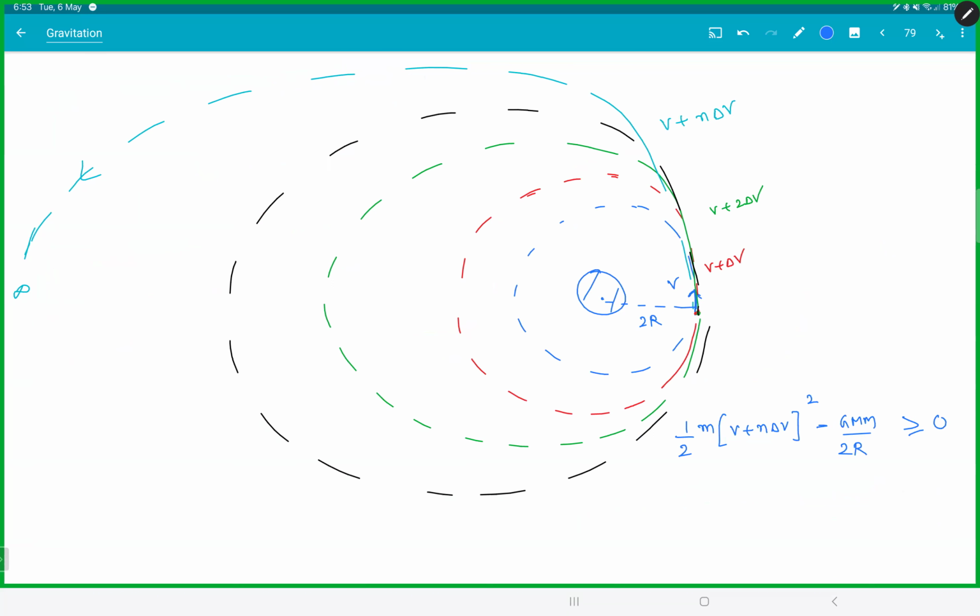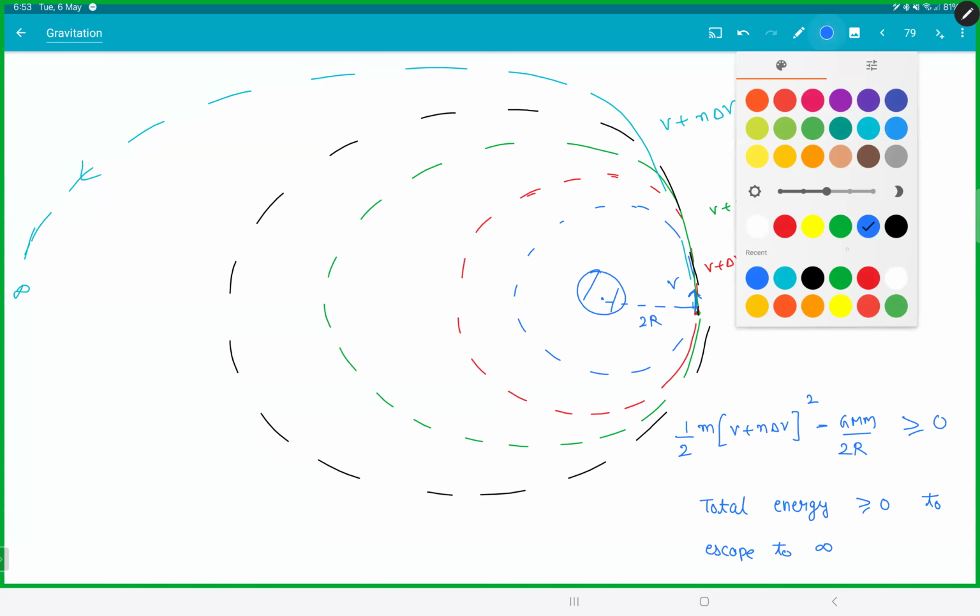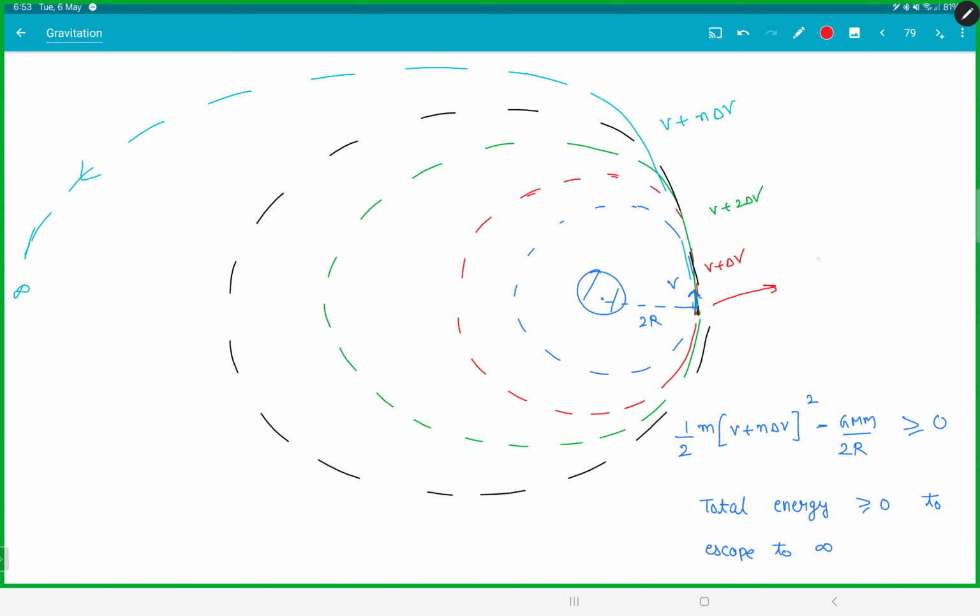So after n bursts, or n times switching on the engine, you will gain enough speed. Your total energy becomes positive, means you have enough energy to escape the planet. So at the same point, the engine has to be switched on every time.